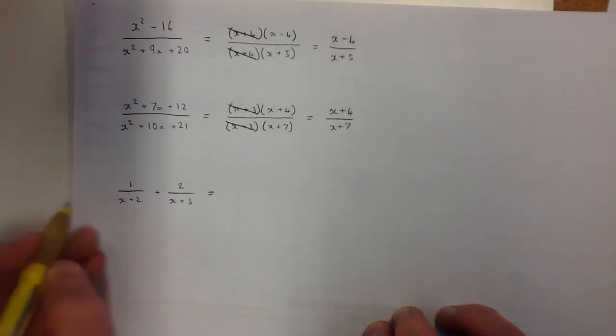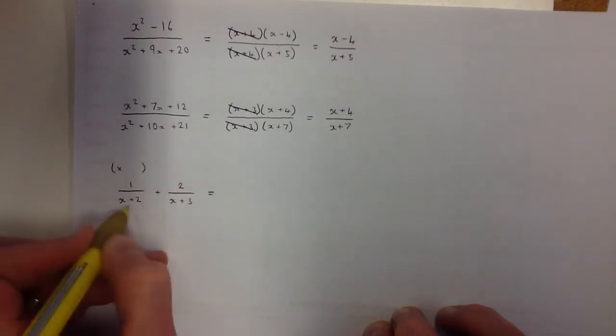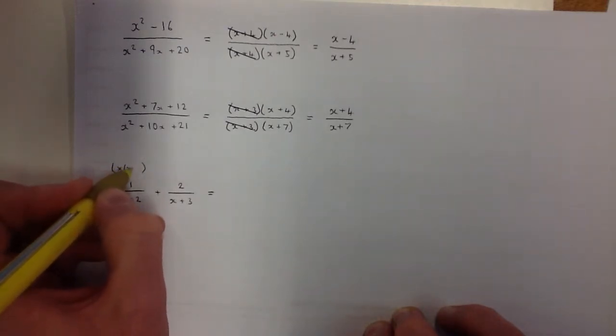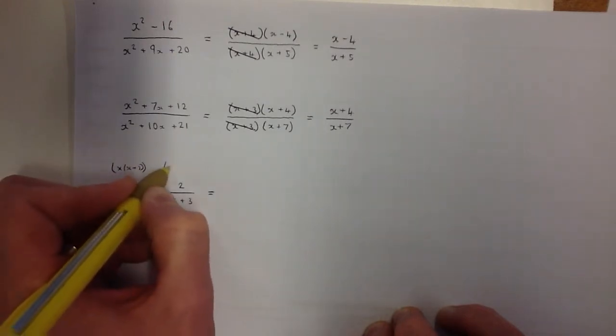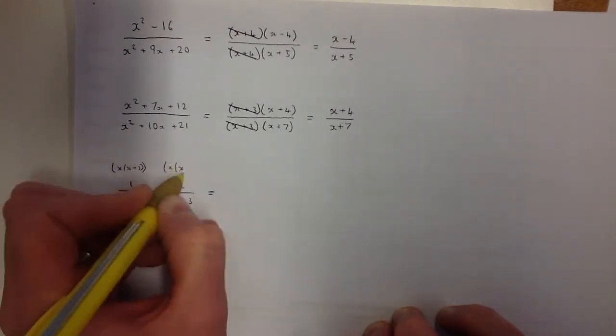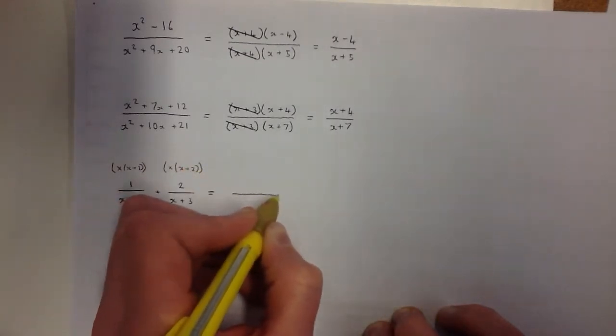So what we're going to do here is going to multiply this one, and I'll just write it up here in brackets so we can see that. We're going to multiply this one by x plus 3, and we're going to multiply this one by x plus 2. That gives us two new fractions.